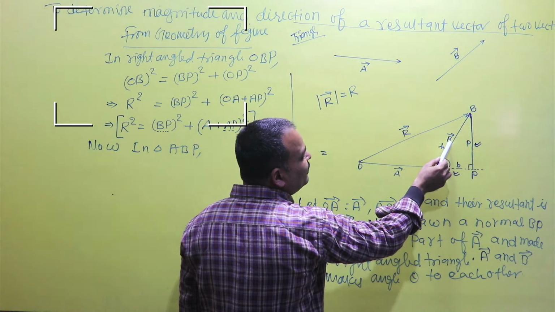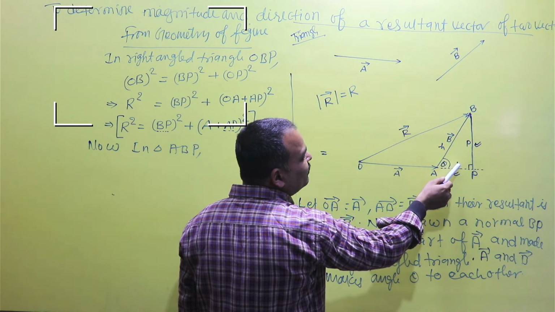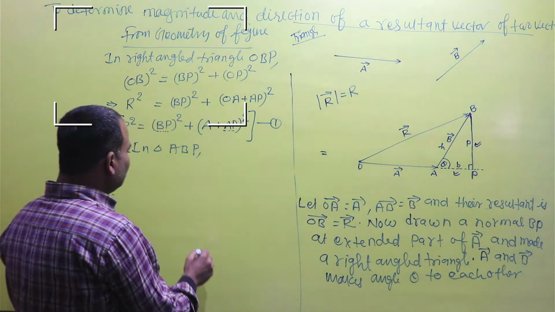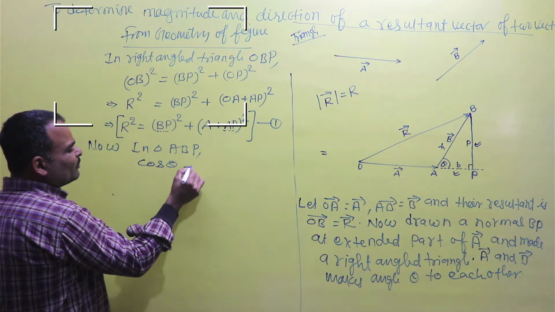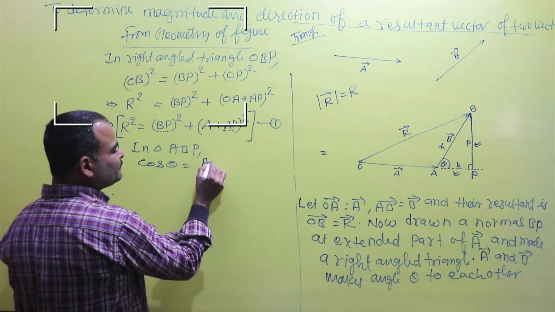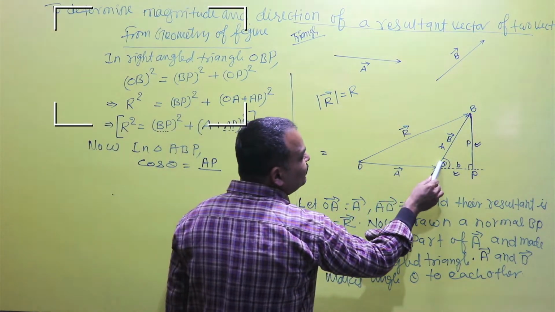H is already known, so we can make cos theta by B over H and sin theta by P over H. So now we take cos theta. Cos theta is equal to B by H. B is equal to AP, and H is equal to AB.